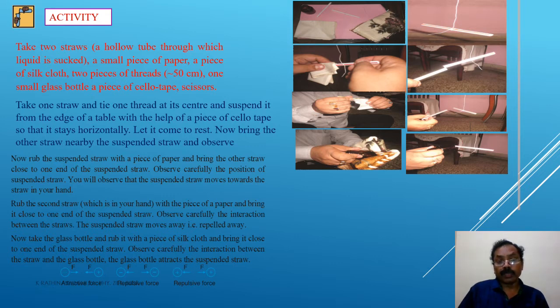Observe carefully, the interaction between these two will be attractive. When the body acquires the same charge, it will be repelled, and if it is the opposite one, it will be attracted. So we can find the properties of the charges from this activity.